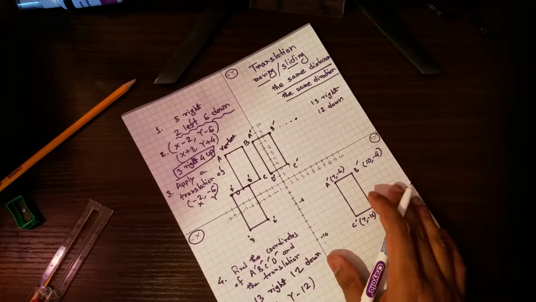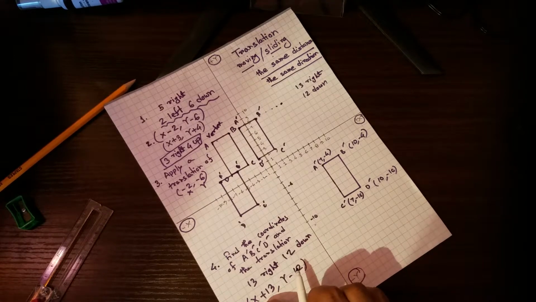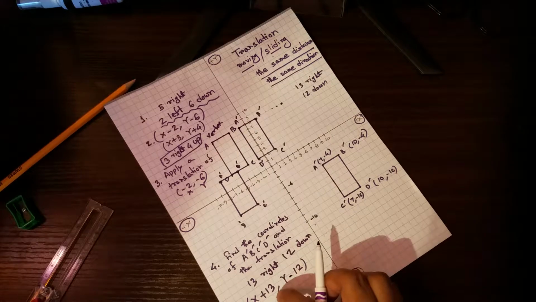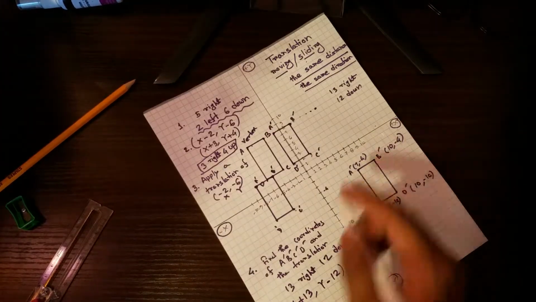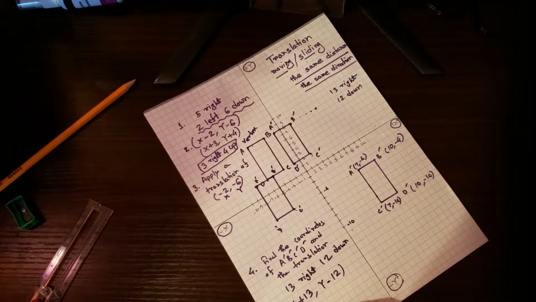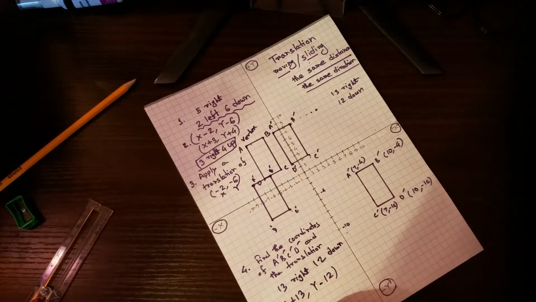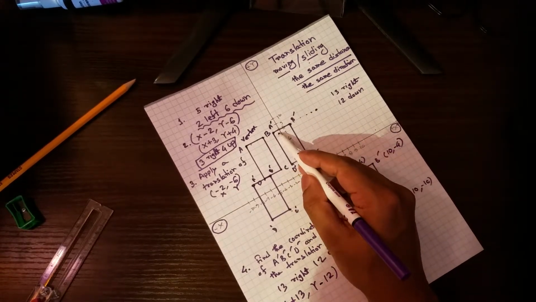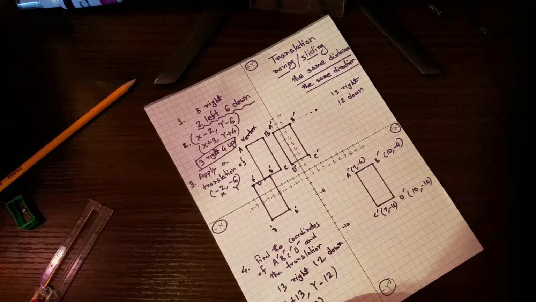Okay, another way to find number 4, so once you have found that it is x plus 13 and y minus 12, you can do this with your original image. So for example, your A, B, C, D, I'll just show you one. So what is the coordinates of A? So if you look at the coordinates of A, that is -6, and this is 8. Okay, now remember what kind of translation you're doing.